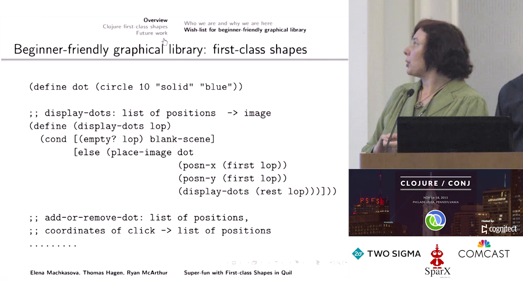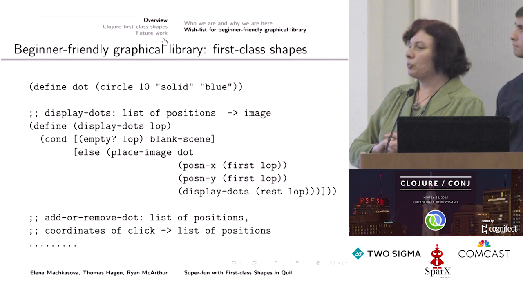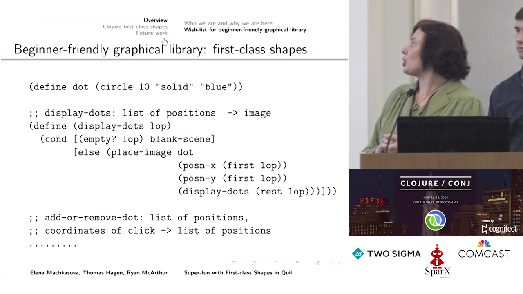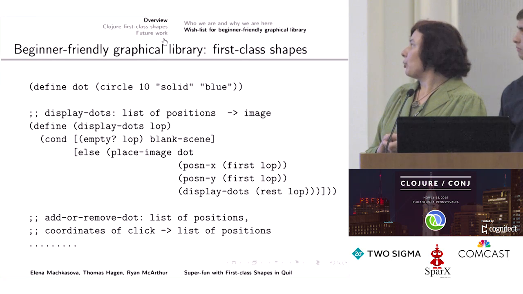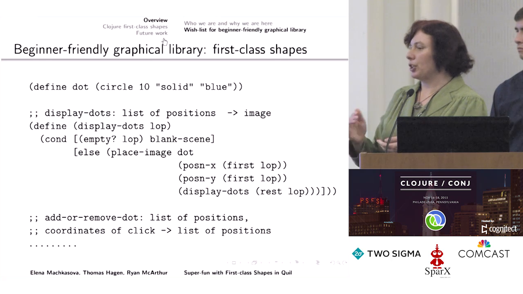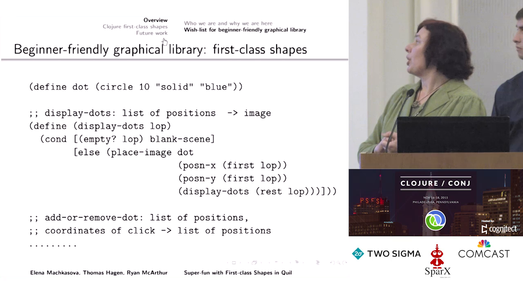So let me show you a little bit more about how this works in Racket. The top thing there is a dot, which is a first-class shape. It's just a dot, not attached to any particular position. And then when we need to convert the list of positions to an image, that's display dot, going from the model to the view.